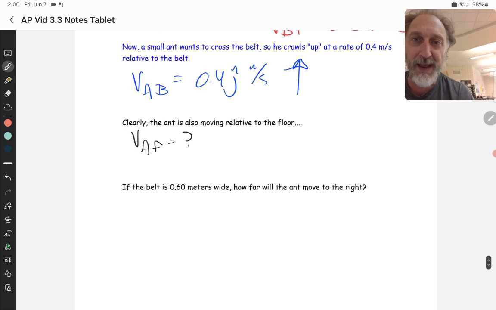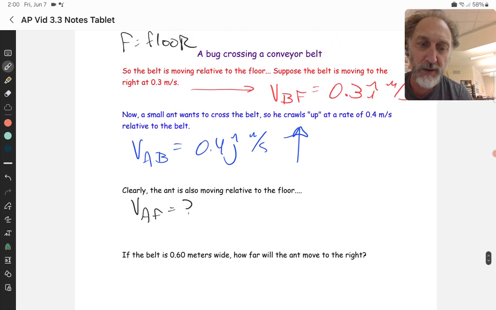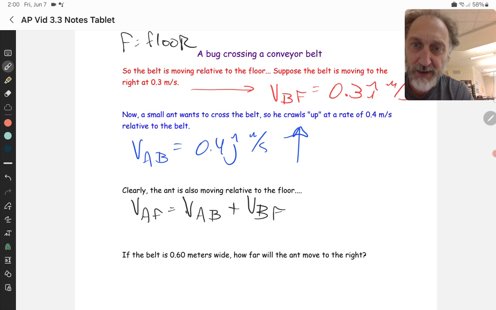The velocity of the ant relative to the floor is equal to the velocity of the ant relative to the belt plus the velocity of the belt relative to the floor. Now notice, vector hat, vector hat, vector hat.